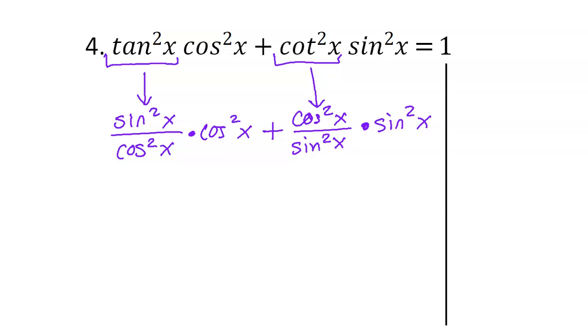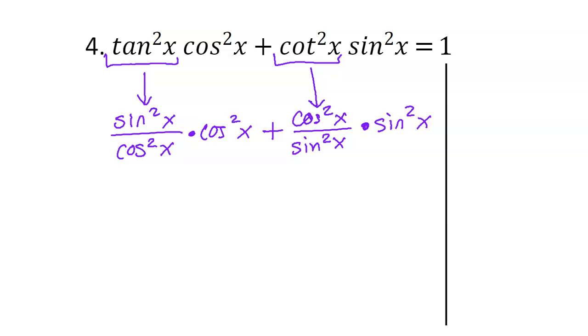Now as soon as you change those things, something in your brain should be triggered. You should be like, oh my gosh, look at that. What am I talking about? We have now created fractions where the denominators will cancel, right?